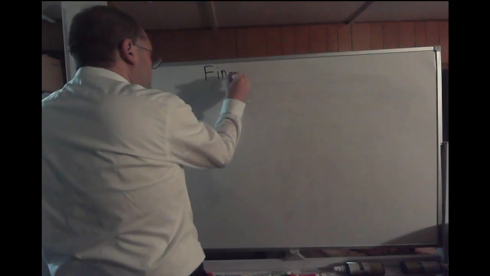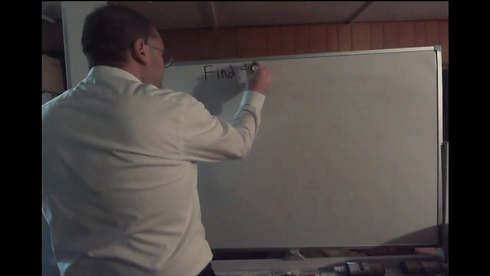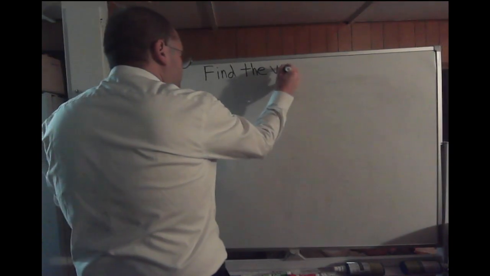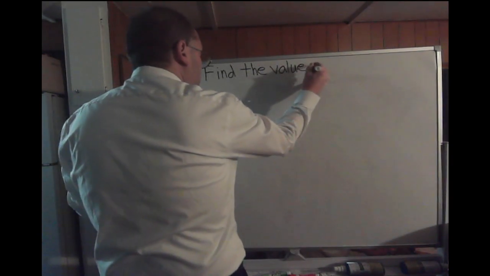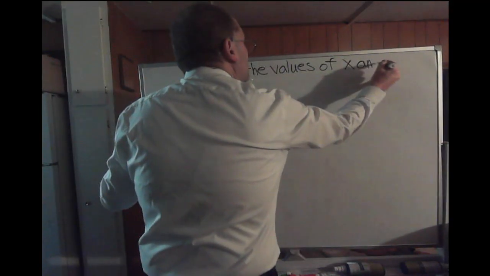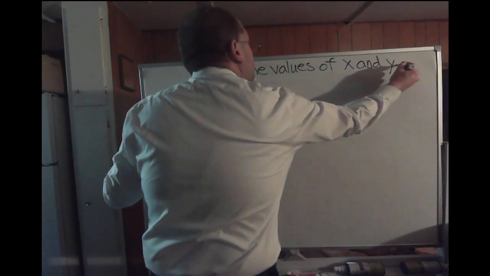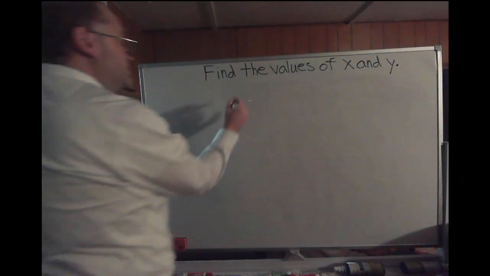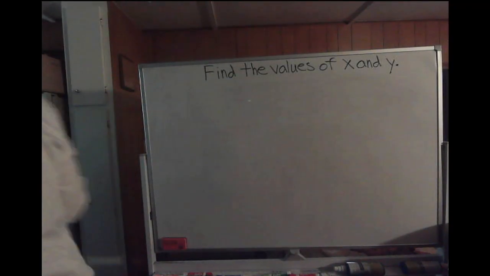So, first let me write down what the objective is here. Find the values of x and y. So these will be problems where we're going to find the values of x and y, okay?